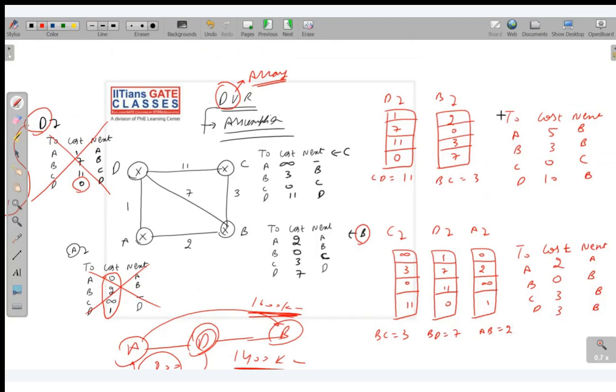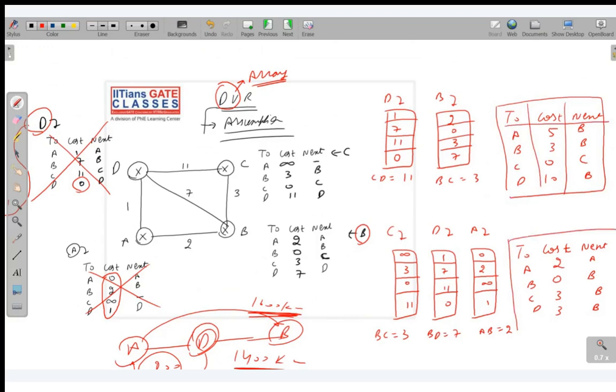So this is the result of round 1. In the same way we will do round 2, and then we will do round 3.